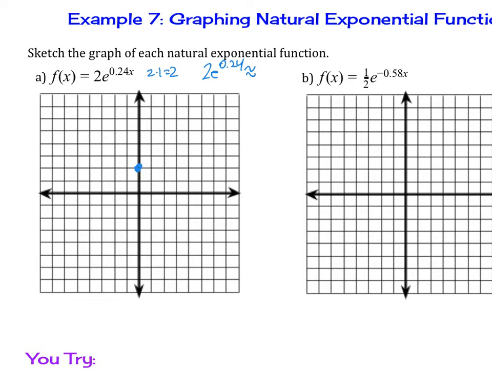You would get approximately 2.54. And then if you say 2e to the negative 0.24, then you would get approximately 1.57. Then we'll graph that. 2.54 is around here, 1.57 is about there. And we know that it's a growth function.